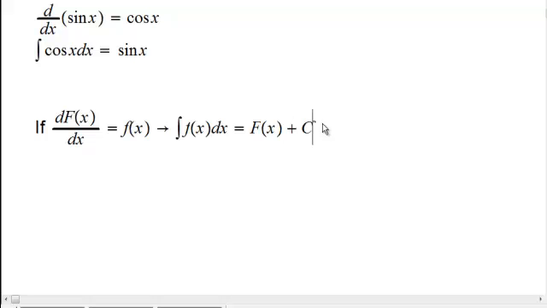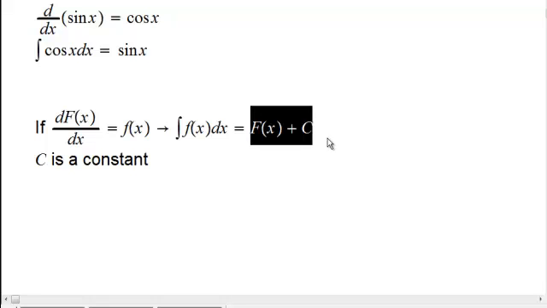We should be grateful to Eric because he suggested that we add a constant. And so c is what? C is a constant. And why did we do that? Because when we differentiate this quantity, the derivative of the constant will be 0 and still we will get a small f of x, right? Everybody good?